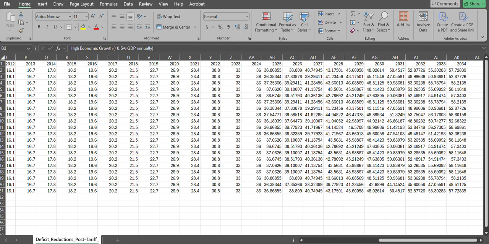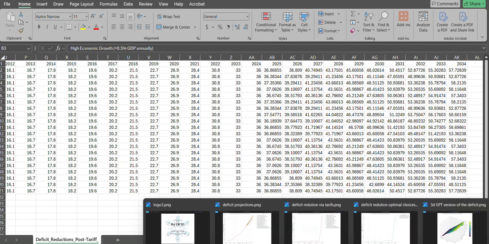Continuing from that point, we have essentially a deficit projected 2034 of approximately 57 to 60 trillion dollars, and the interest impact is obviously an important factor, which we will look at separately.